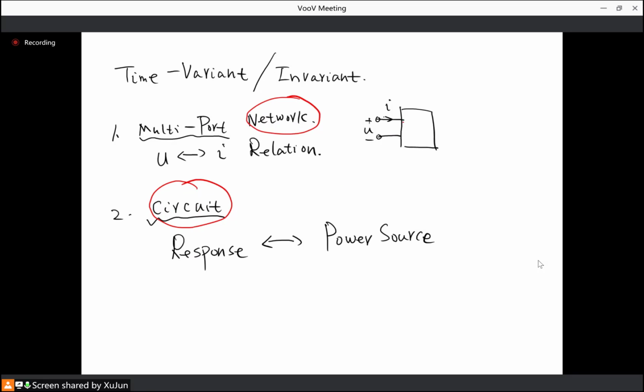For a circuit, you must add a resistor or other parts outside the ports so they can form a loop. It cannot be open. So this is the definition of time varying and time invariant for the port network, multi-port network, or for the circuit. Okay, today's content is enough.